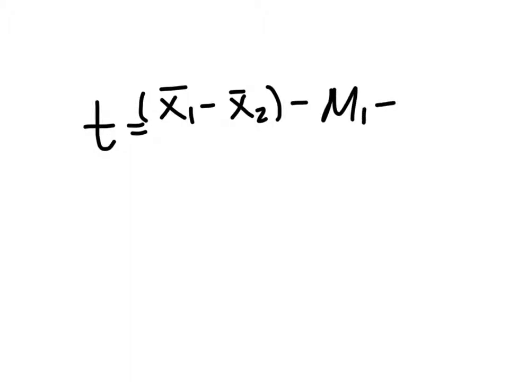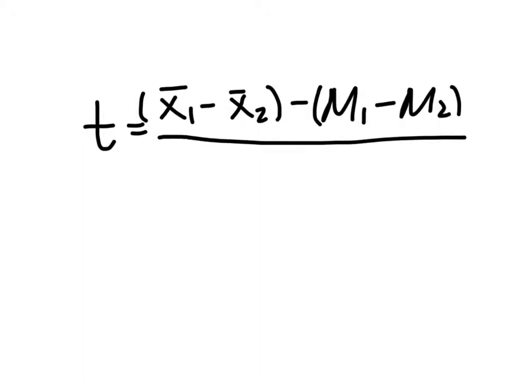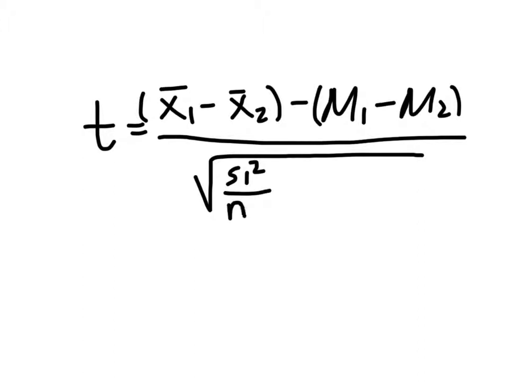Let me write it out: t is the mean 1 minus mean 2, minus mu 1 minus mu 2, over the square root of sigma 1 squared over n1, plus sigma 2 squared over n2.